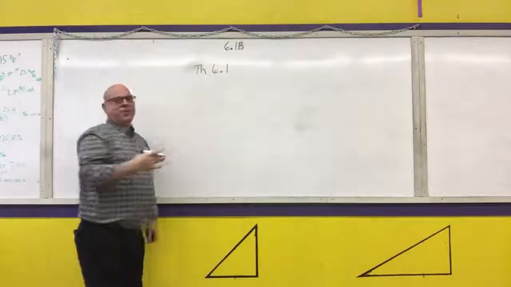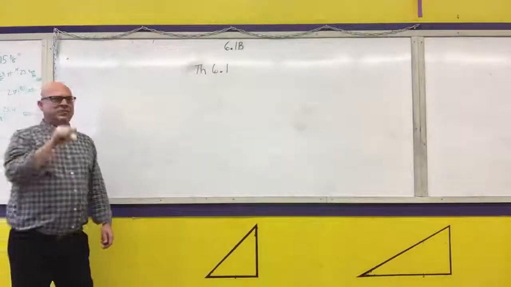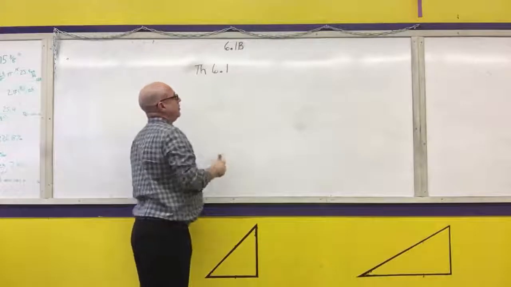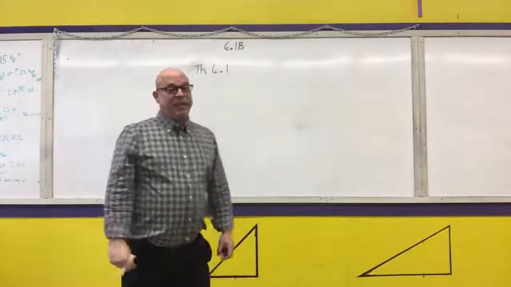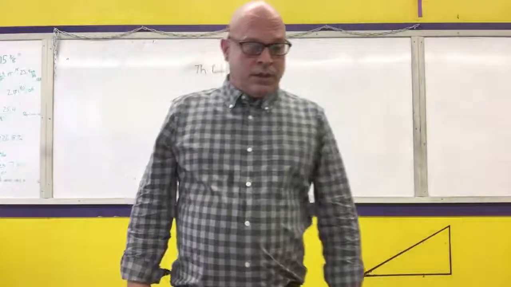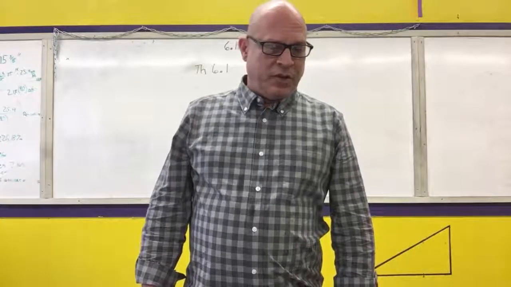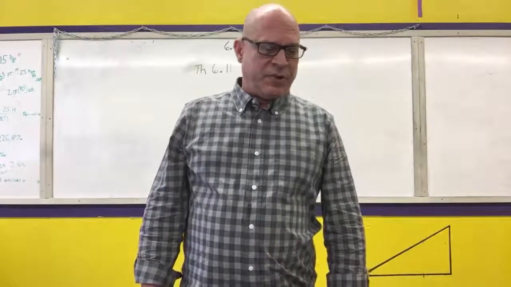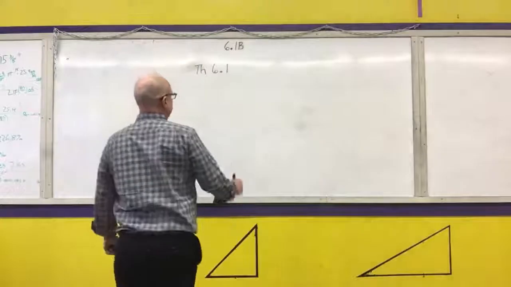You have your postulates and theorems book because it was assigned last week to have ready for yesterday. So it says if two polygons are similar, then the ratio of their perimeters is equal to the ratio of their corresponding side lengths.